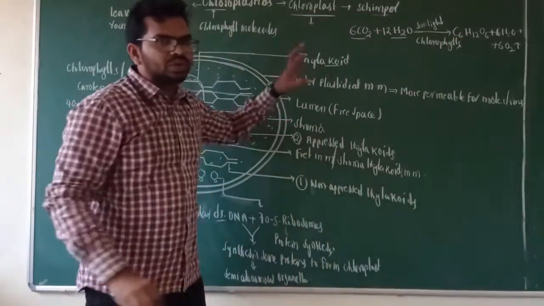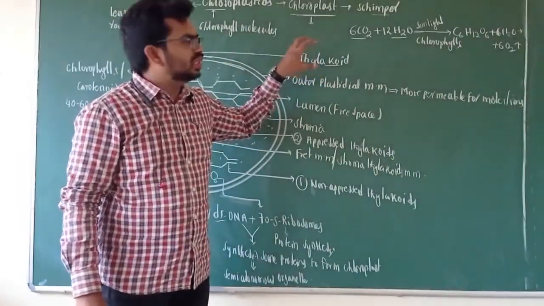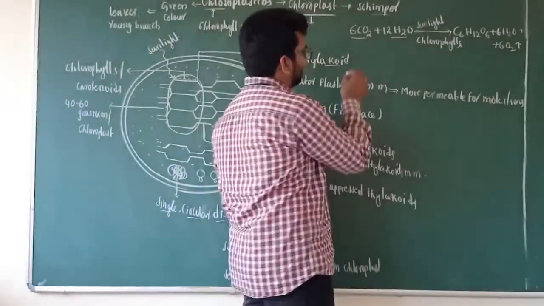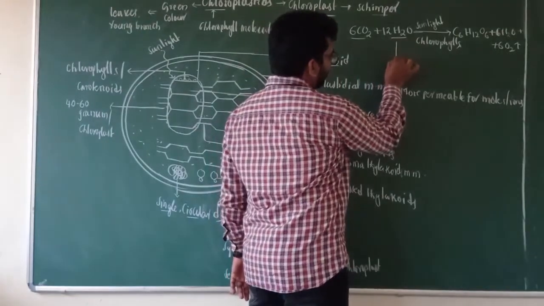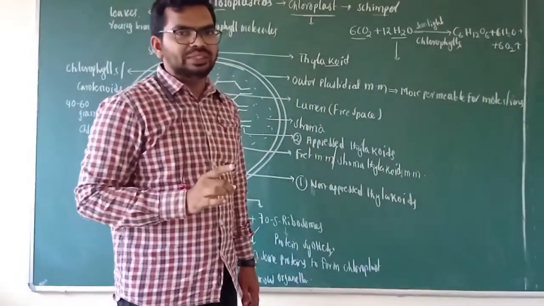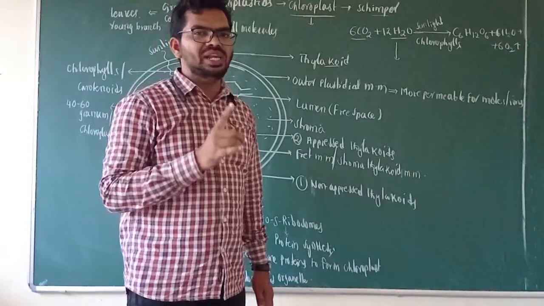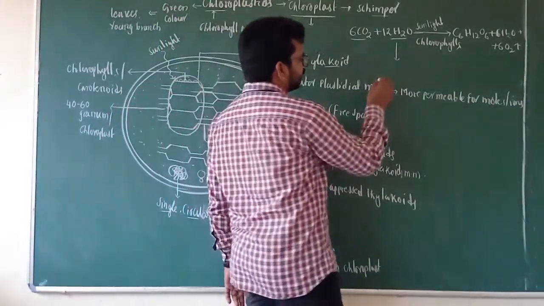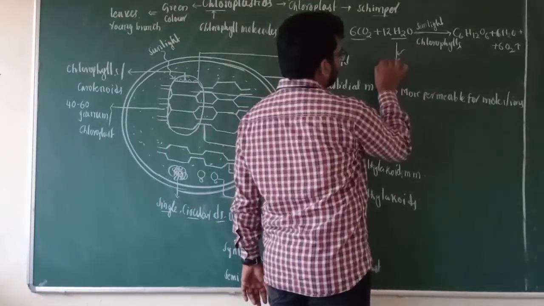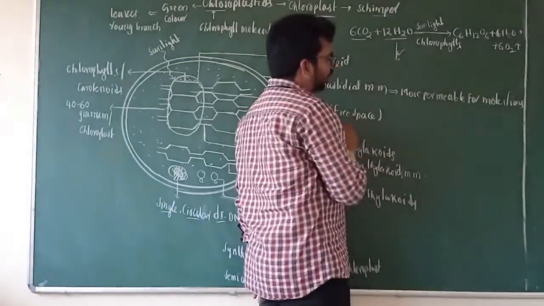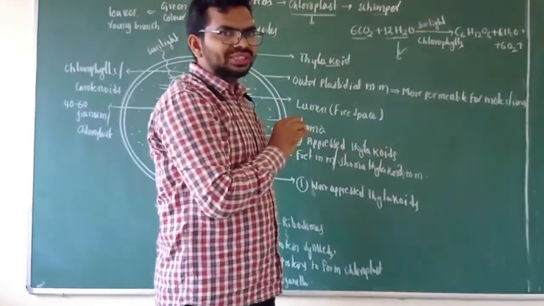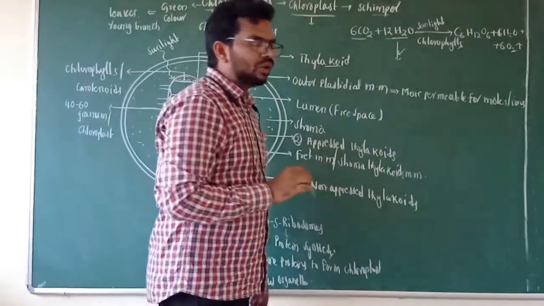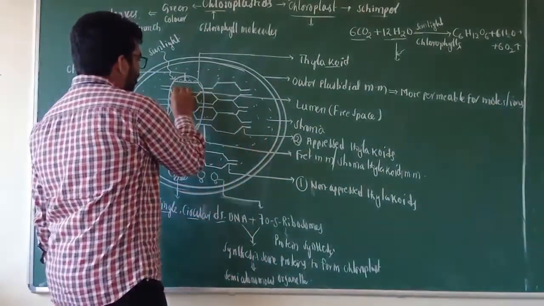Understanding? Here the total photosynthetic reaction is divided into two phases. What are those, children? One is the light phase and the second is the dark phase. In the light phase, light is compulsory. That's why these reactions occur only in the presence of light, that is in the daytime. Light splits the water molecule, which we call photolysis of water. It occurs in the thylakoids, especially in the lumen.